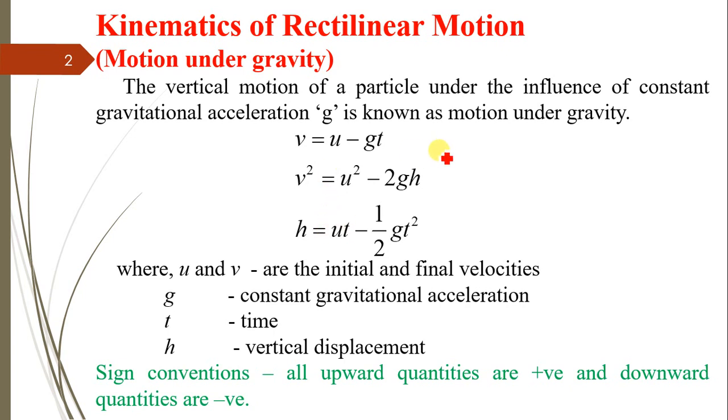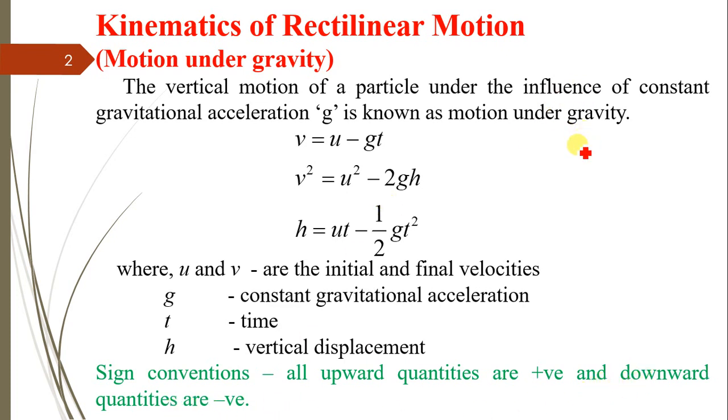Those equations can be rewritten as v equals u minus gt, v squared equals u squared minus 2gh, h equals ut minus half gt squared, where u and v are the initial and final velocities, g is the constant gravitational acceleration, t is time, and h is the vertical displacement. The sign conventions: all the upward quantities are considered positive and all the downward quantities are considered negative.